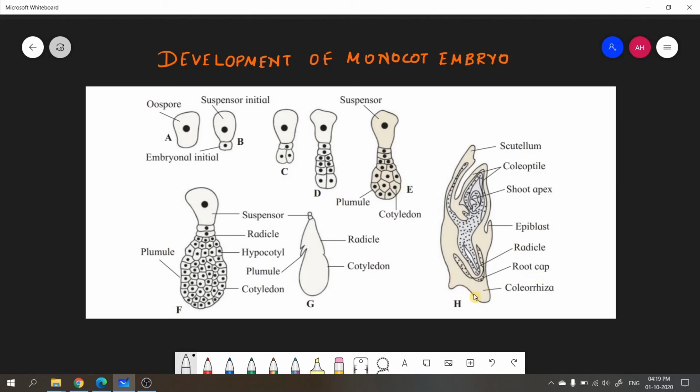And then the protective sheath covering present around the radicle is called coleorhiza. So remember these two terms, coleoptile and coleorhiza. And apart from these, there is also something called epiblast, which is like a flap-like structure over here. It is said to be like a remains of cotyledon in monocots. Alright, that was all about development of monocot embryo.